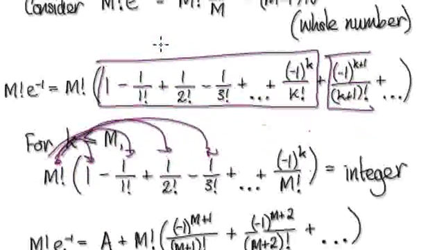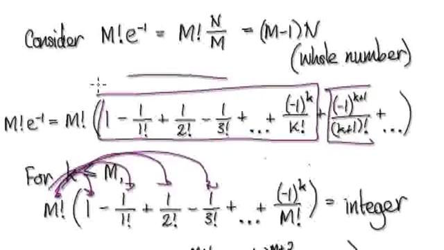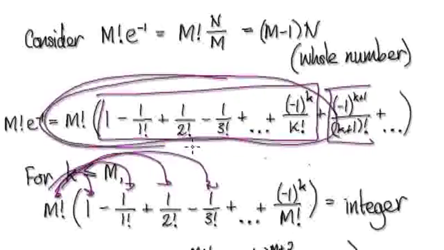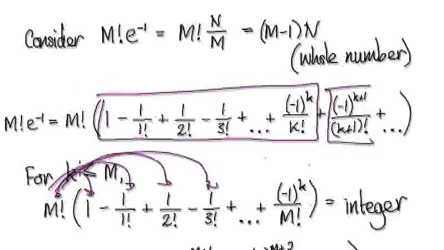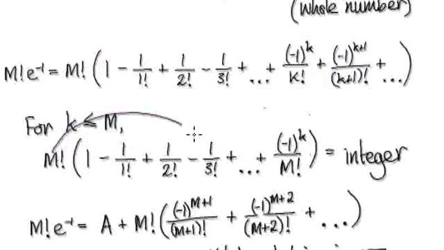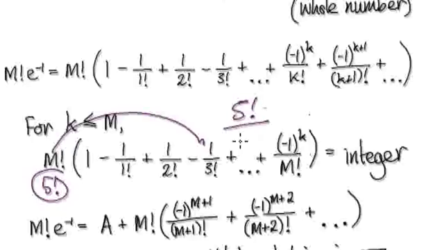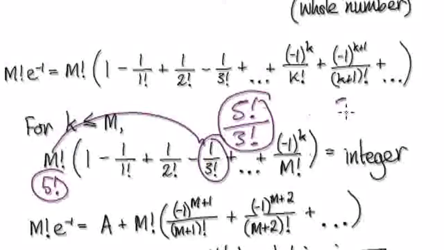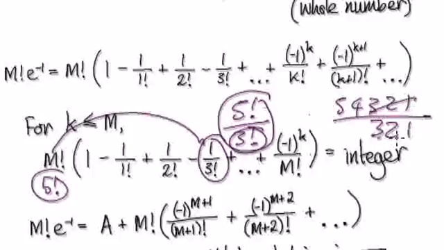The reason this block must be a whole number is this: when you get this times this, remember this is 5 factorial. So 5 factorial over 3 factorial must be a whole number, because 5 times 4 times 3 times 2 times 1 over 3 times 2 times 1 is an integer.